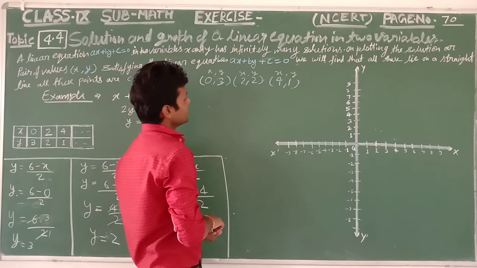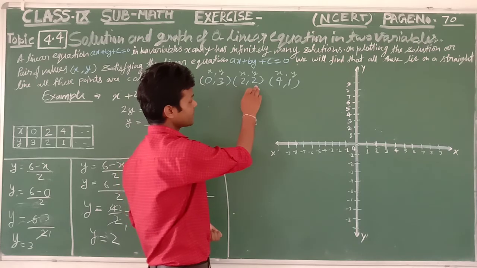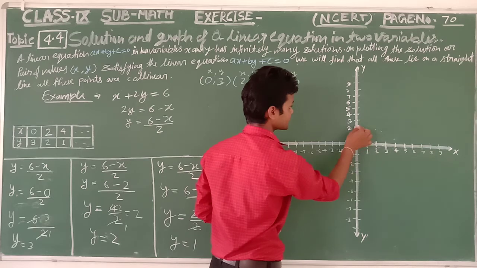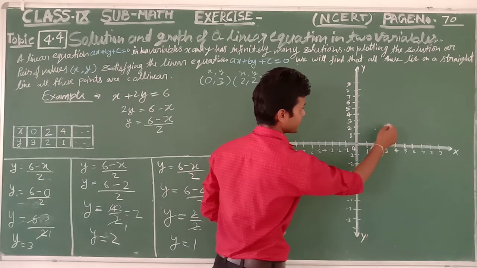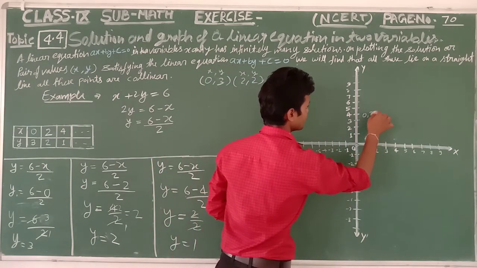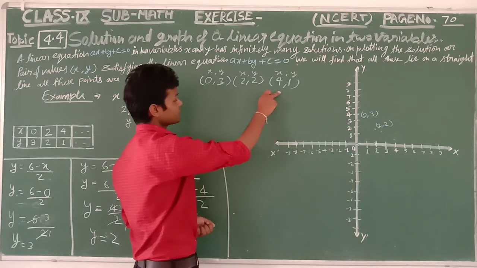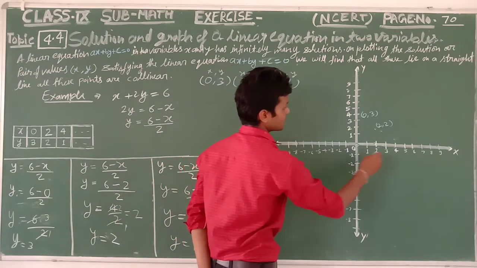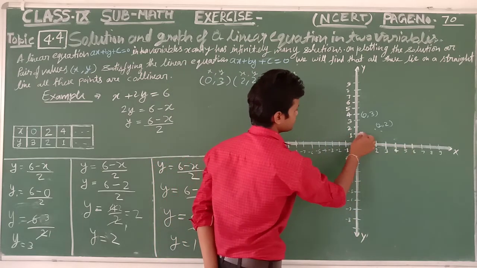The next point is 2, 2. The x axis distance is 2 and the y axis distance is 2. You meet them together and get a point here. You write 0 comma 3 for the first point, and 2 comma 2 for this one. For the last point, the x axis distance is 4 and the y distance is 1.